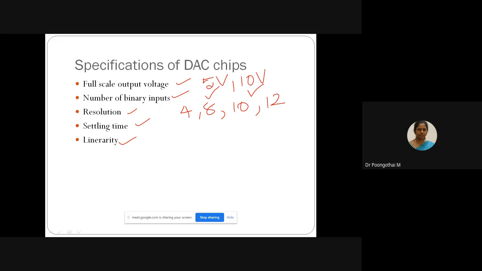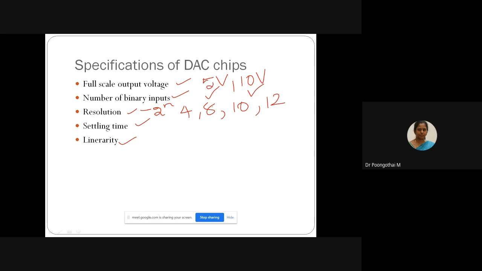And resolution is the number of discrete analog voltages, as I said earlier, that can be provided by a DAC. For an n-bit DAC, the resolution is 2 power n. These are the important specifications to decide the performance of your DAC chips.